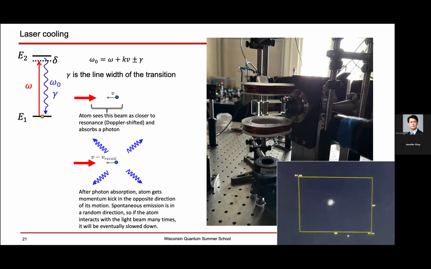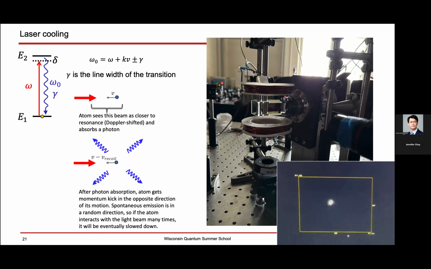It has to be a specific transition that's special in that cycling over and over again leads to atoms dissipating energy, and it relies on the atoms seeing redshifted light, meaning light that's not perfectly resonant, but slightly redshifted. That has to do with the Doppler effect: you want atoms traveling in one direction to see this redshifted photon so that when it absorbs, it gets a recoil in the opposite direction that counters its thermal motion.